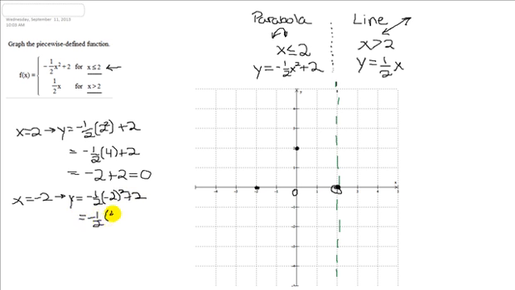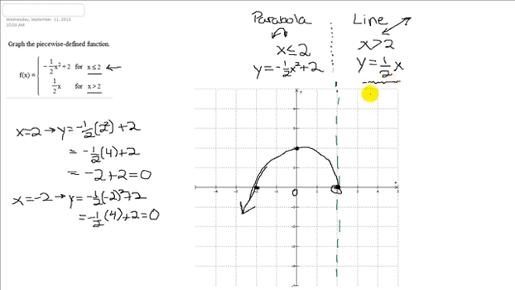So when x equals negative 2, y equals negative 1/2 times negative 2 squared plus 2, which again is negative 1/2 times 4 plus 2. And we already did the arithmetic on that. We know that comes out to 0. So the y value is 0 right here. And I'm going to go ahead and sketch a parabola from there. And it's going to be messy. But again, your homework here is multiple choice, so this is more than enough to help you choose the right graph in your homework.